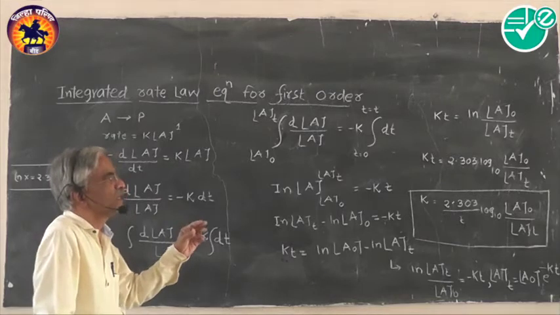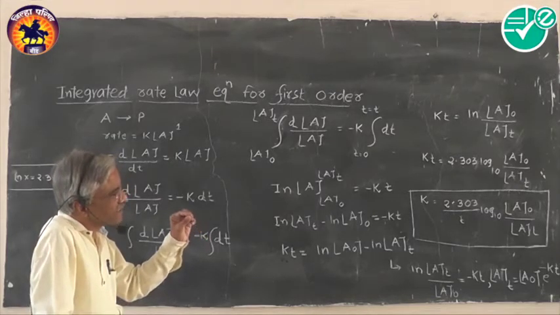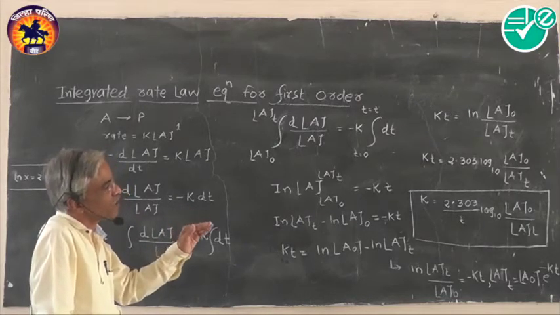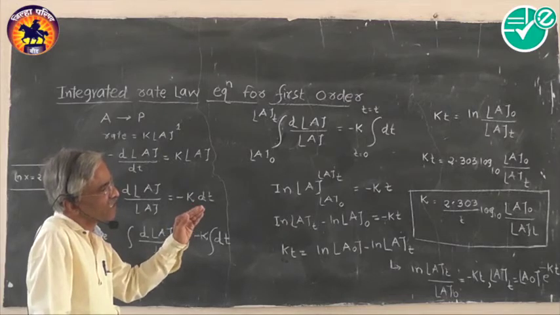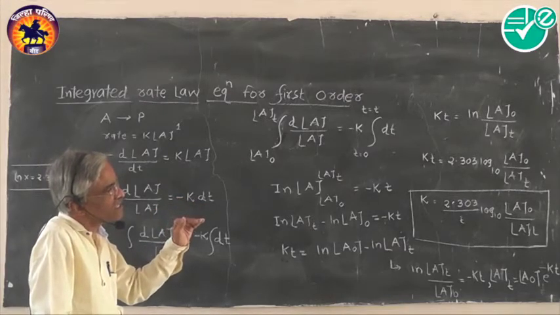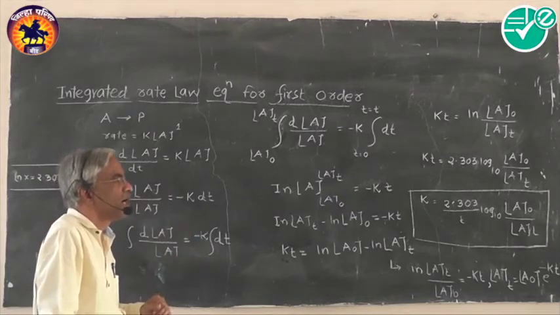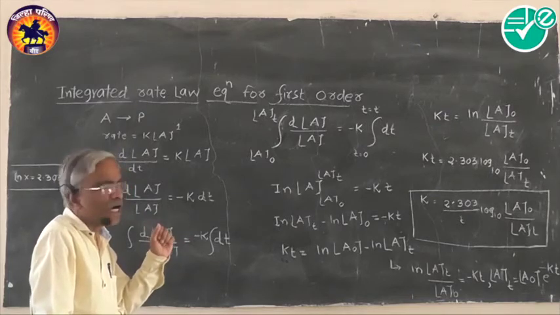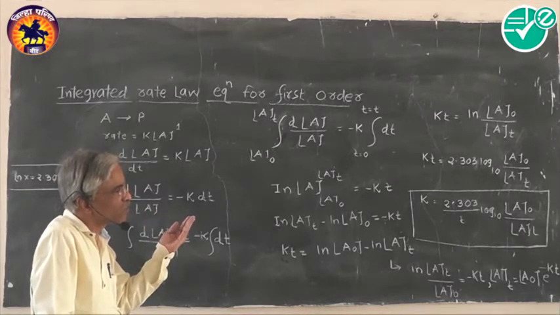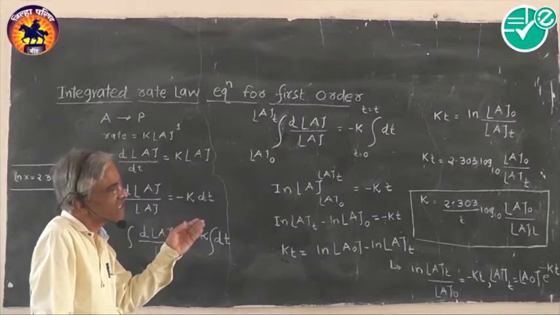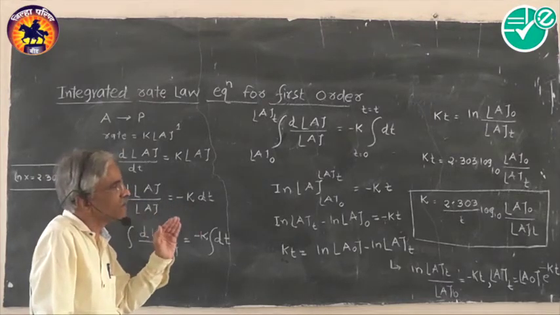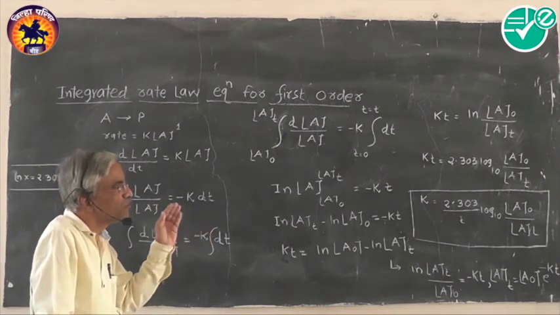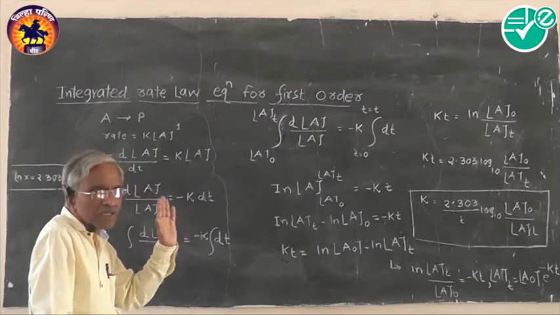But for mathematical calculation of proving that the reaction is a first order reaction, we generally take the simple form k equal to 2.303 upon t log to the base 10 of concentration A0 upon At for calculation of the rate constant k. Or if k is known, then we can calculate the concentration at that time, or we can also calculate the time required for the reaction to be completed.